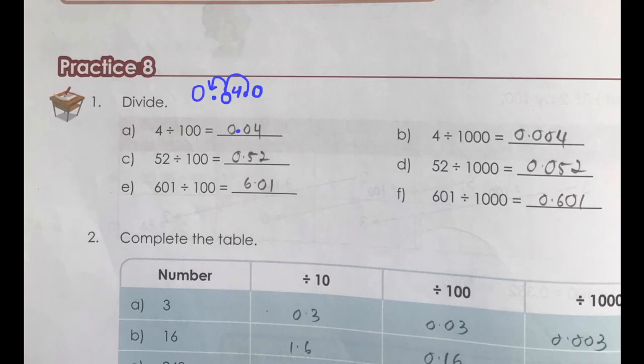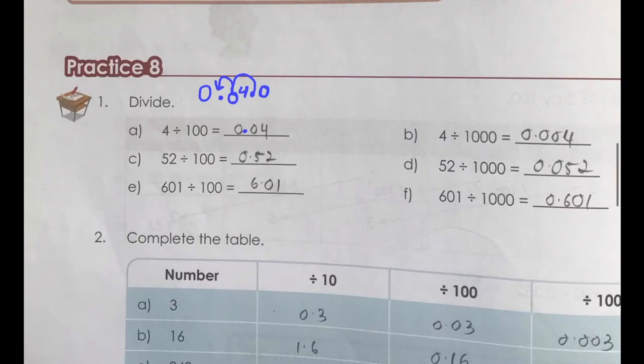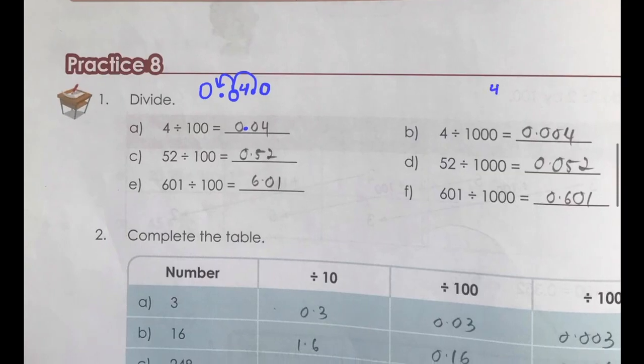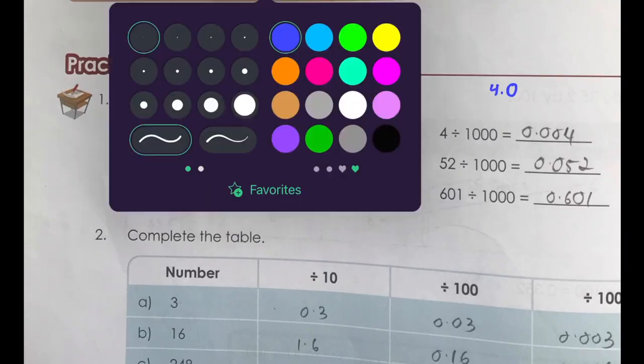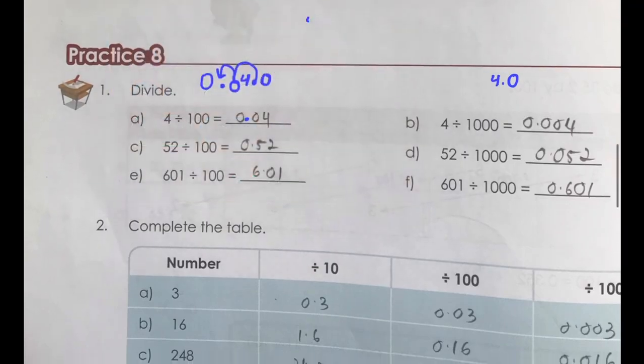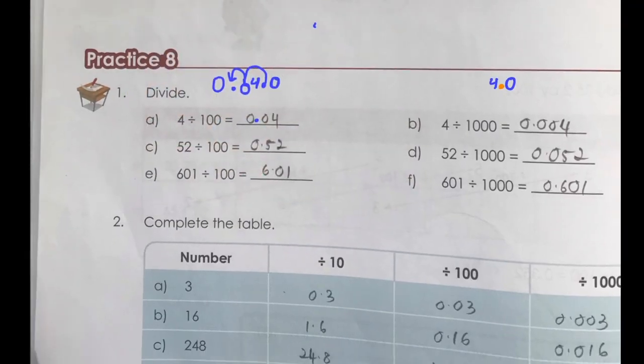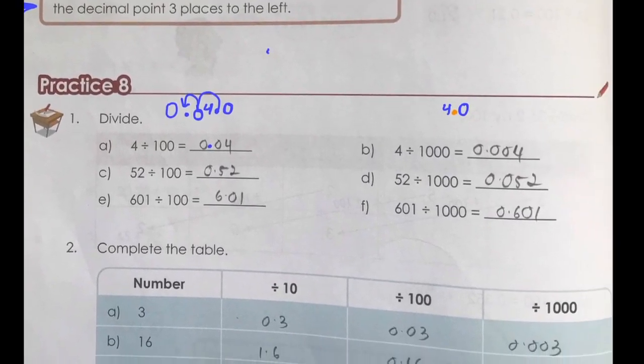Now let's do B. 4 divided by 1,000. Let's do it the same way. Instead of writing 4, I'm going to write 4.0. I can do it with a different color so you can see it better. This is my decimal. I'm going to move it how many times?